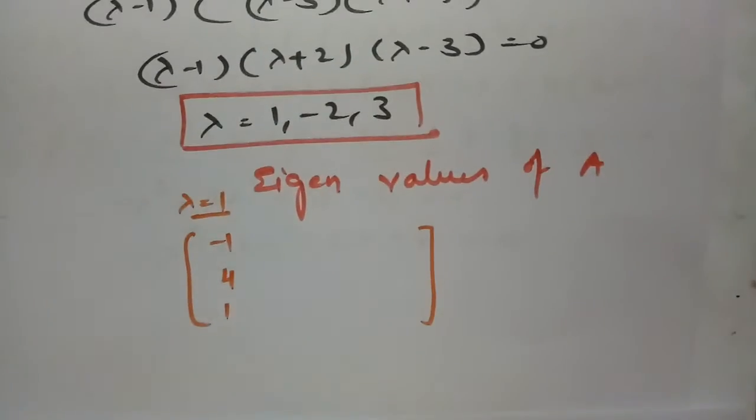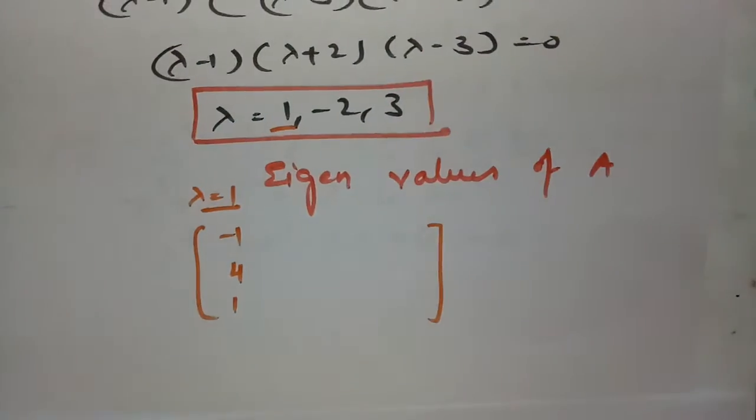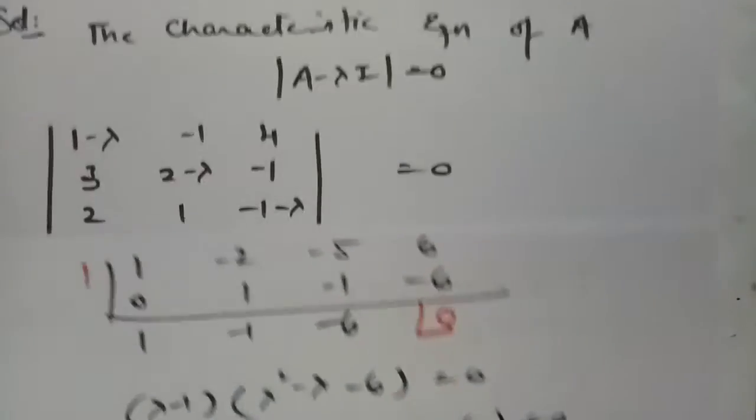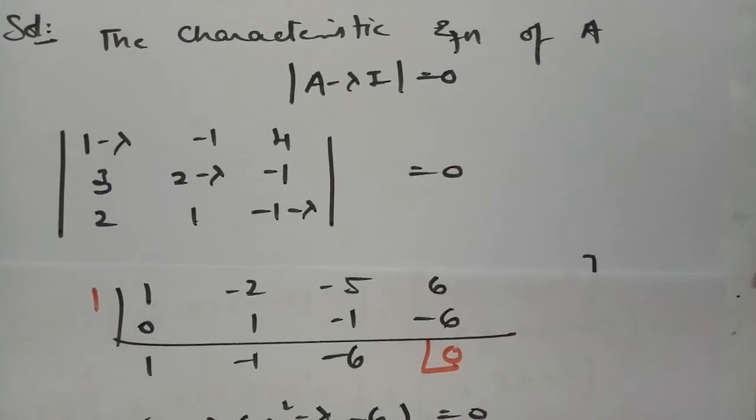And the next one, I have to go with lambda is equal to minus 2 now. For lambda is equal to minus 2, I have to put lambda is equal to minus 2 in this determinant.